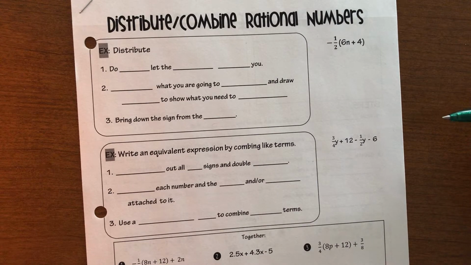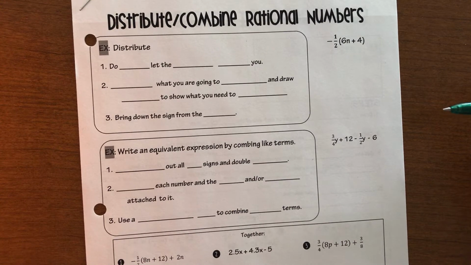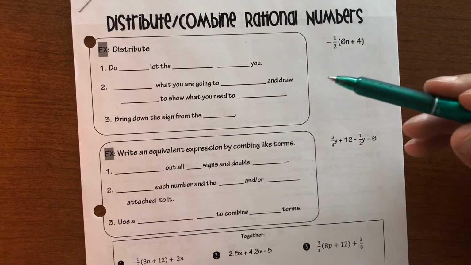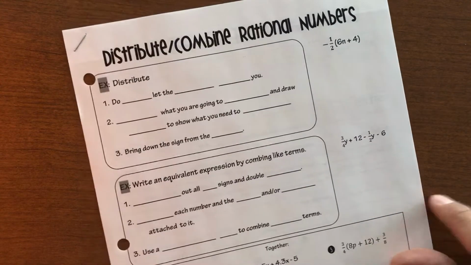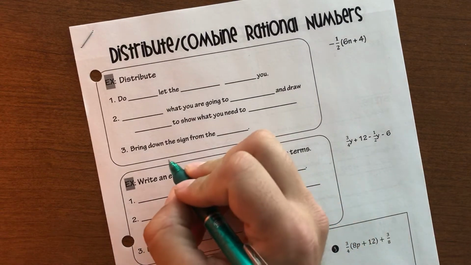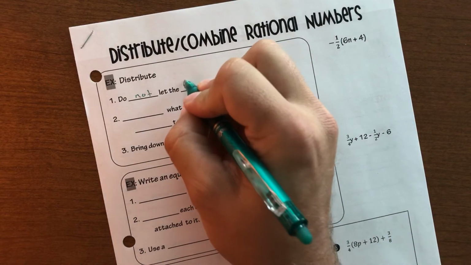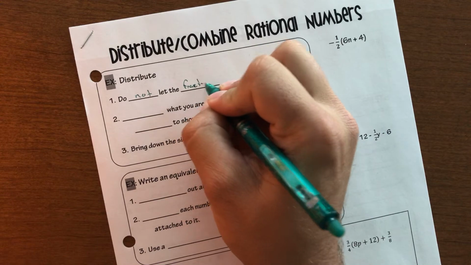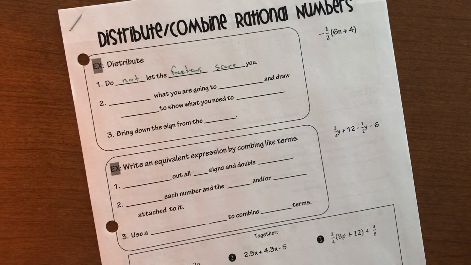So if you need to pause the video to write things down, if I'm talking too fast, pause it when you need to. First thing that we're going to do is we're going to distribute. And step one, I know it's really hard for you to do, but I do not want you to let the fractions scare you, okay? So do not let the fractions scare you, which I know is hard for some of you.